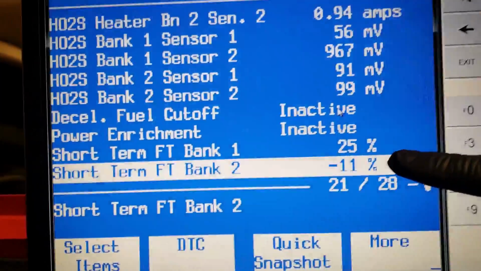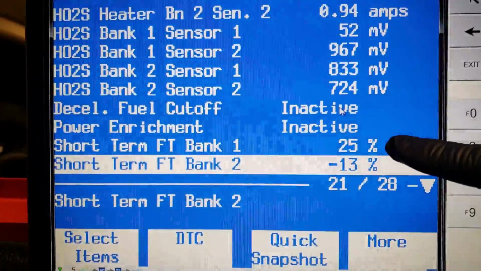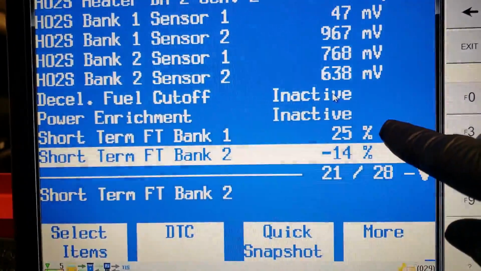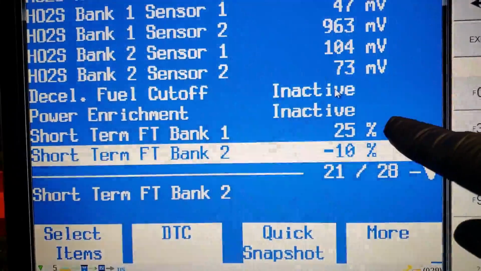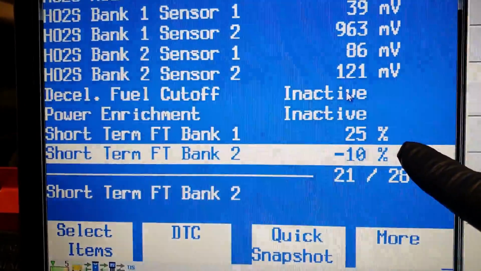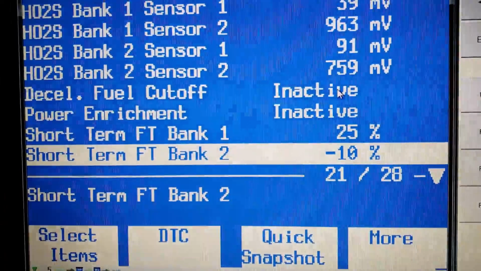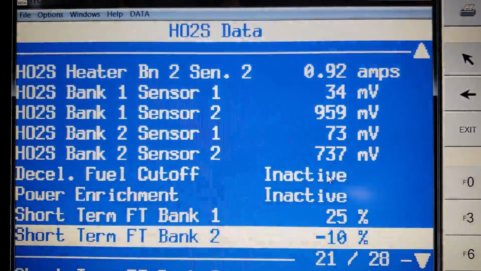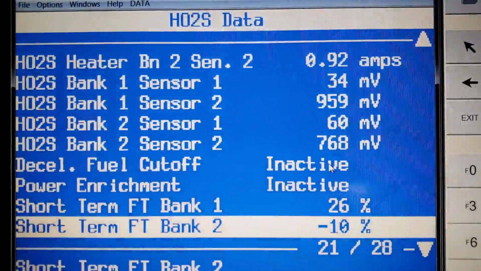And we can see our fuel trims here are destroyed on bank 1. We're trying to add so much fuel right now, it's not even funny. This one is still showing a little bit, it's trying to take fuel away. Look, we're bank 1 sensor 1, we're stuck less than 40 most of the time.